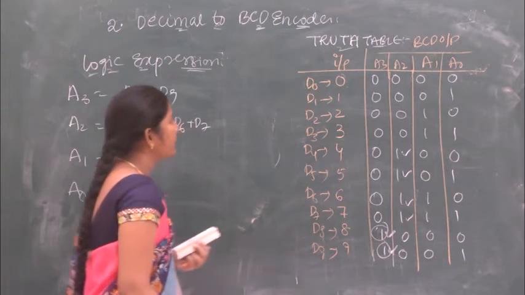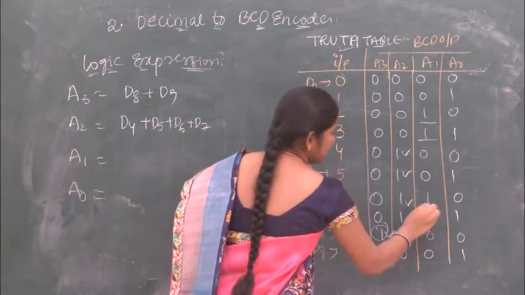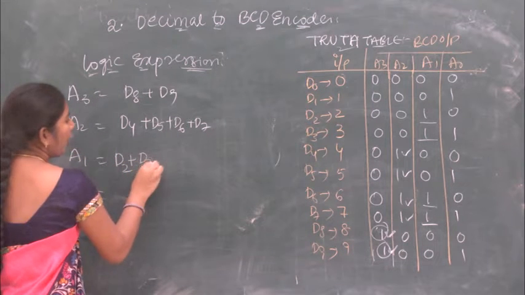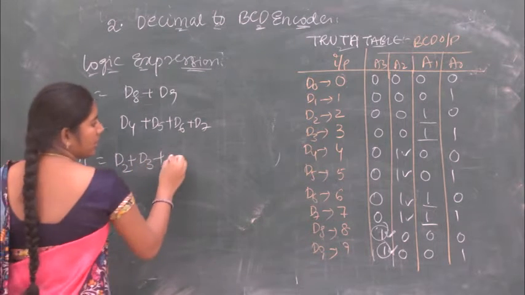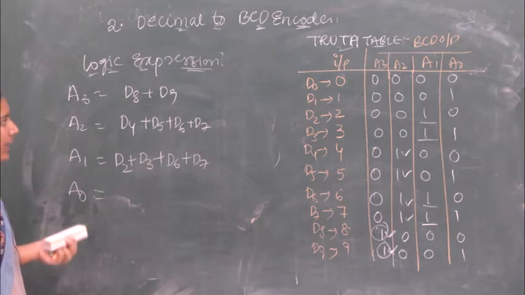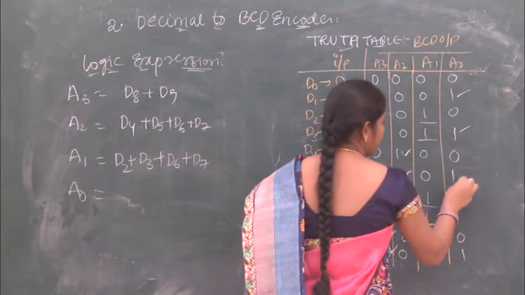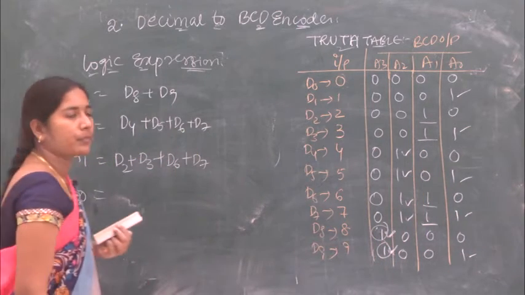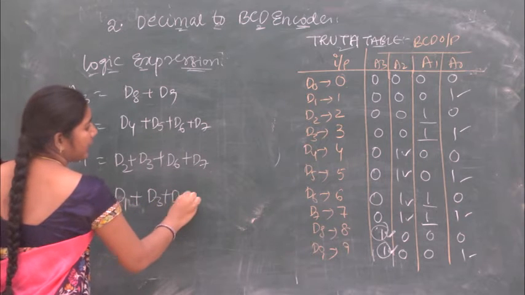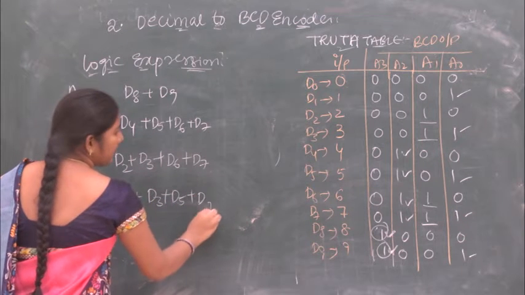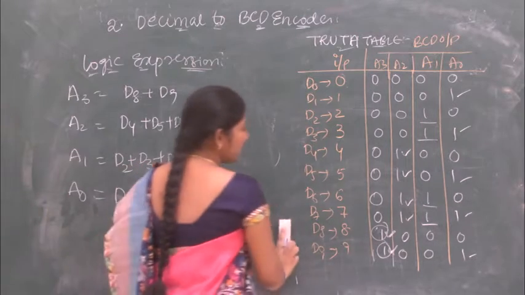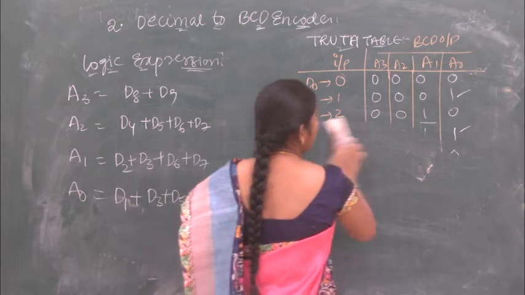For A1, output is high for these cases, which are D2 or D3, D6 or D7. For A0, output is high for these cases, which are D1 plus D3 plus D5 plus D7 plus D9. Right? So from these logic expressions, we can develop the logic diagram.